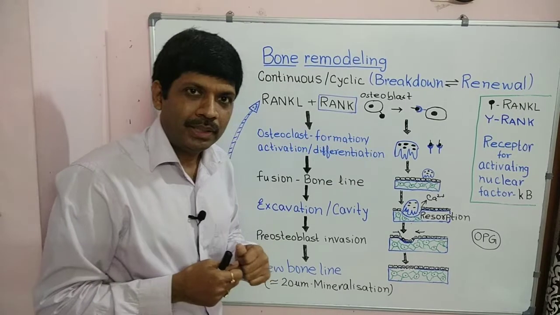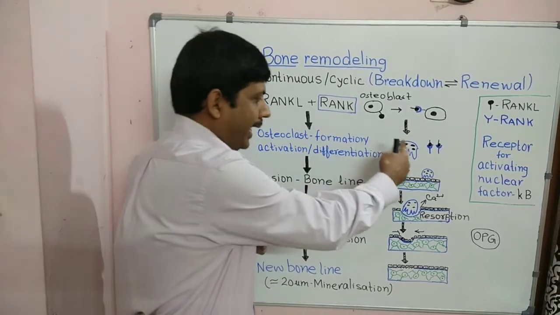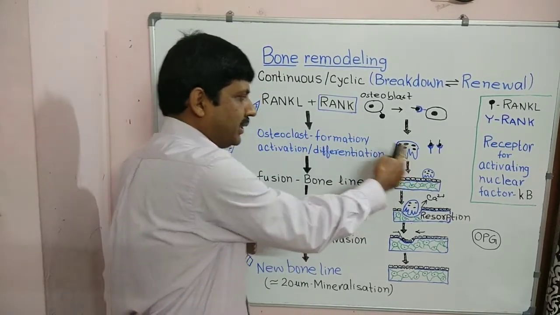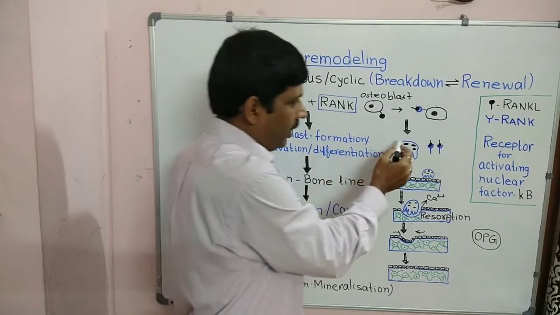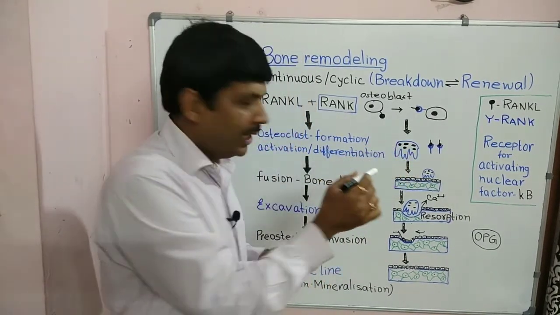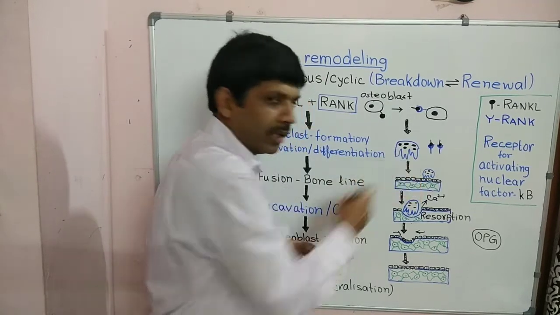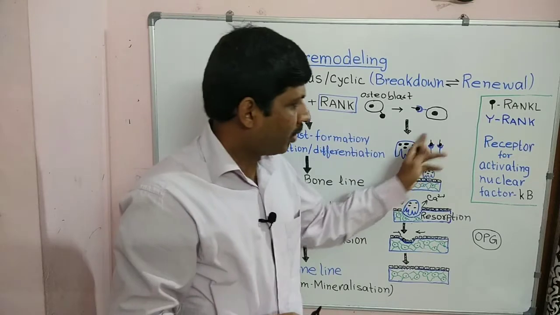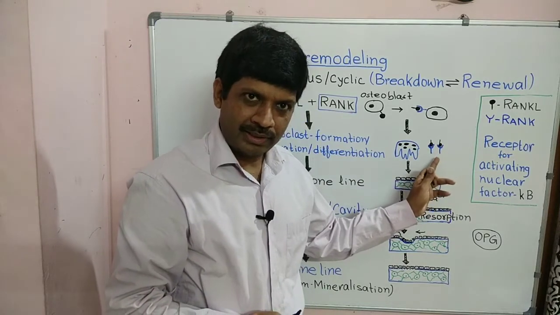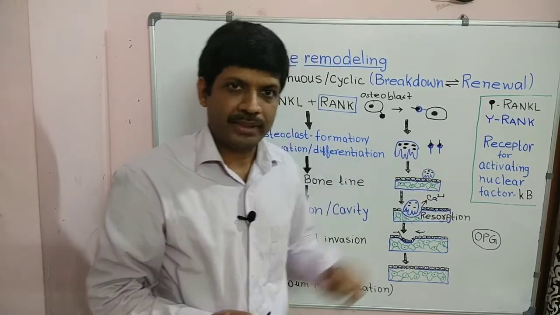Then there is activation, differentiation and formation of osteoclast. There is formation of a multinucleated osteoclast in which you will see a ruffled border. And then the complex of the receptor and the ligand dissociates.